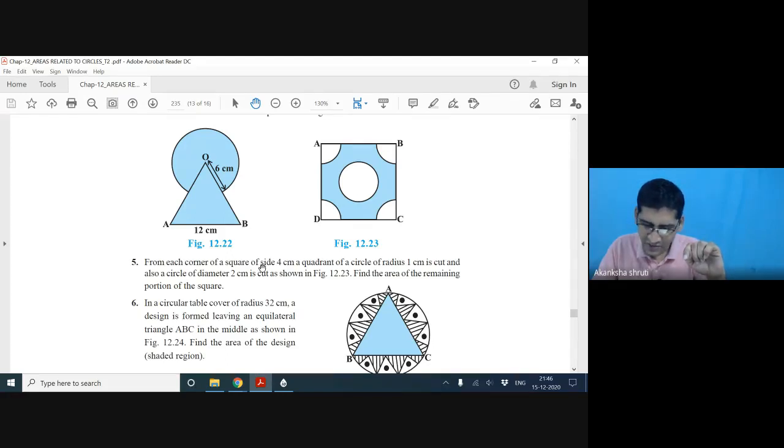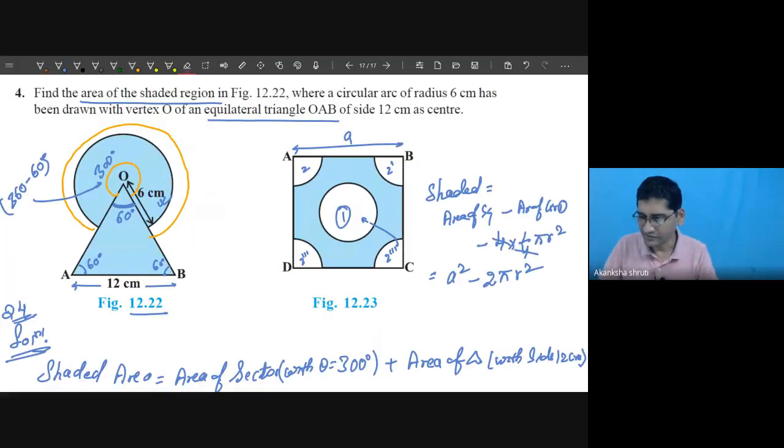So for this square, this side is 4, so a square is like 4 square, and in place of r we will substitute 1. So it is equal to 4 square minus, it is 2 because of addition of the two circles, pi into 1 square.